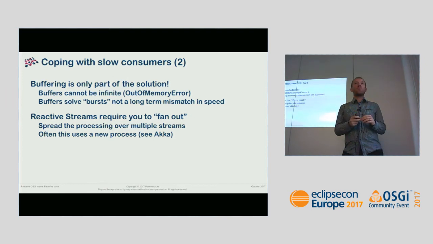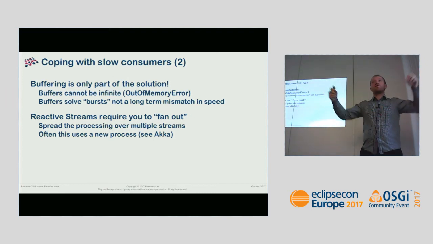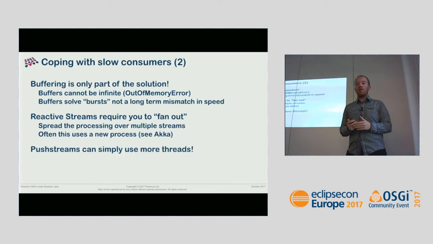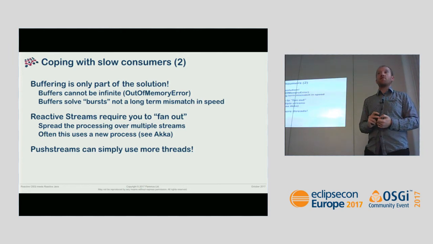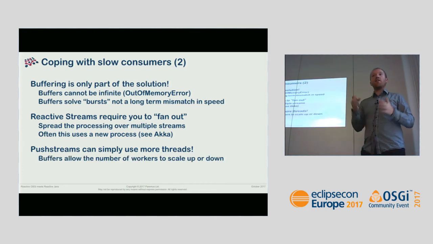This often uses a new process, so this is what Akka does. Akka does fan out by spreading work to new processes, spinning up new processes and splitting those things. But a push stream doesn't have to do that, because a push stream can just use more threads because it's allowed to be concurrent. A buffer, therefore, allows you to scale up the number of workers.